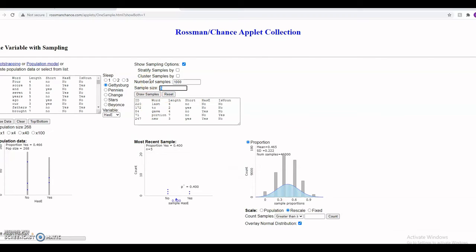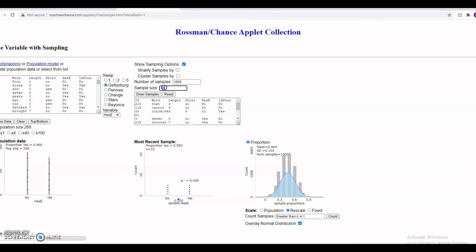So let's try a sample size that satisfies the 5% of the population. 5% of 268 is about 13. When we do that, we get a standard deviation of 0.135, which is smaller.